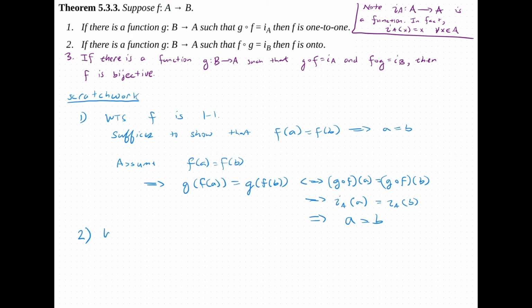So we want to show f is onto, and so we want to choose a lowercase b in the set B, and so it suffices to show that there exists some lowercase a in the set A, such that f evaluated at a gives us back b. So that's what we want to do.